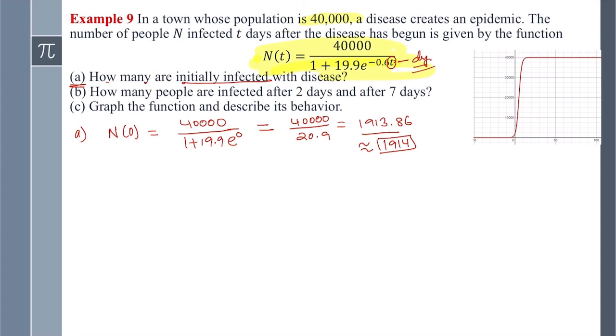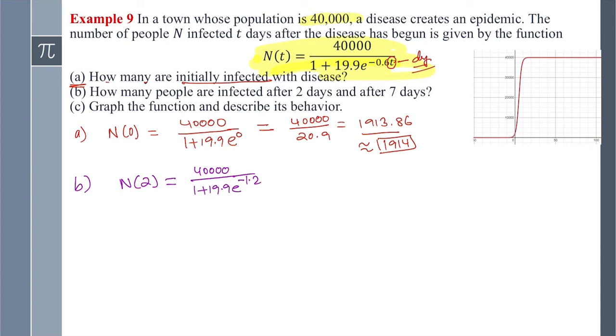Now, how many people are infected after 2 days and 7 days? That's the second part of the question. After the second day of the epidemic, we put t equals 2. So we have 40,000 divided by 1 plus 19.9 e to the negative 1.2, because it's negative 0.6 times 2.